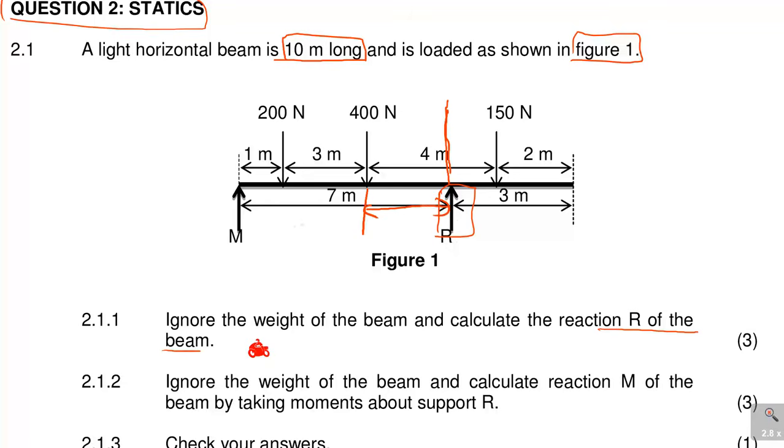We are told that this beam is 10 meters long, so at the bottom 1 plus 3 gives me 4 meters, and then from this point to this point it has to be 3 meters, so that it adds up to 7 meters.